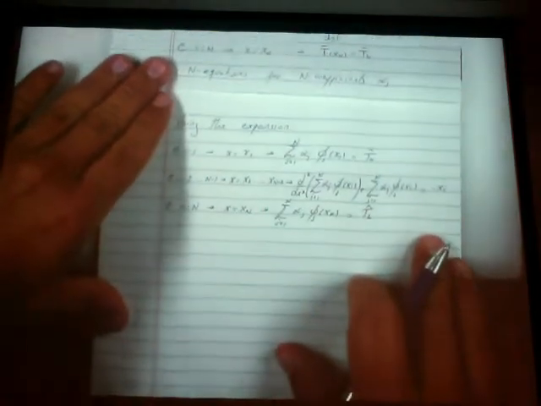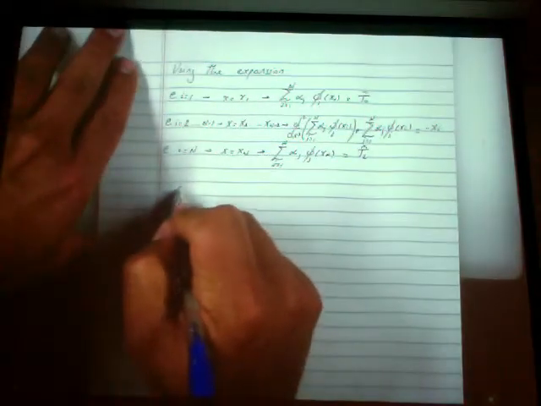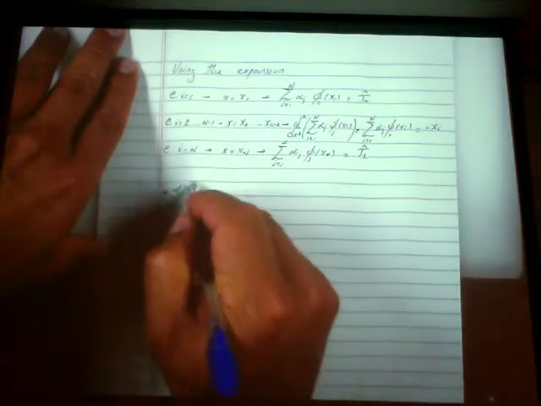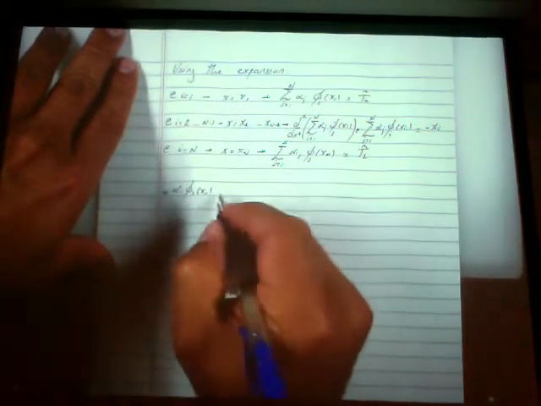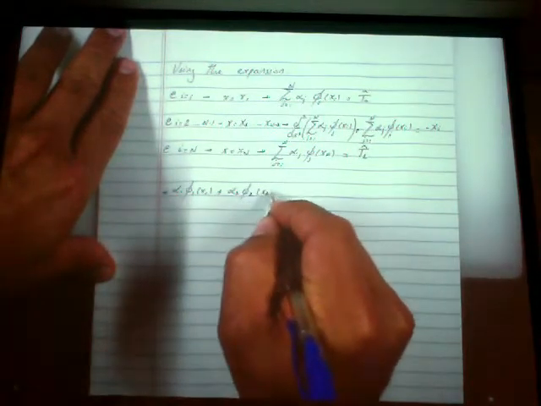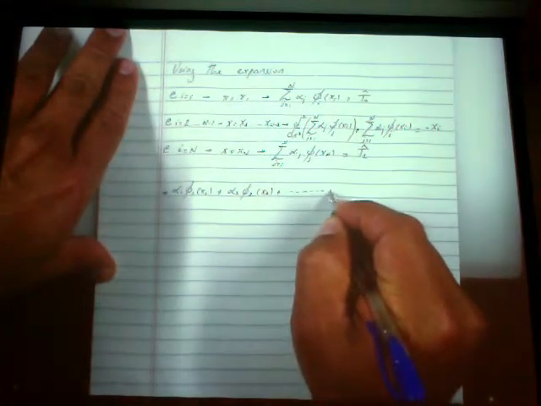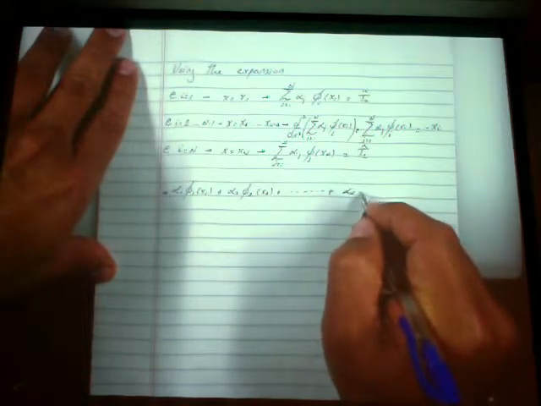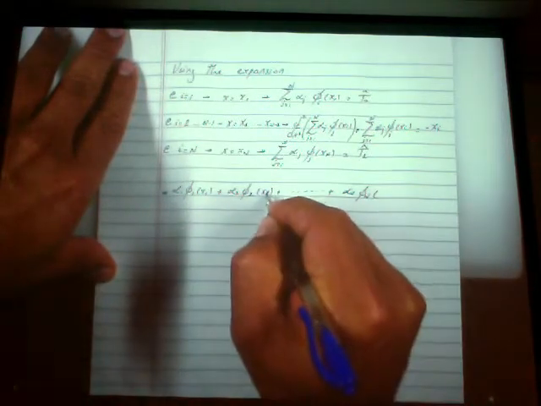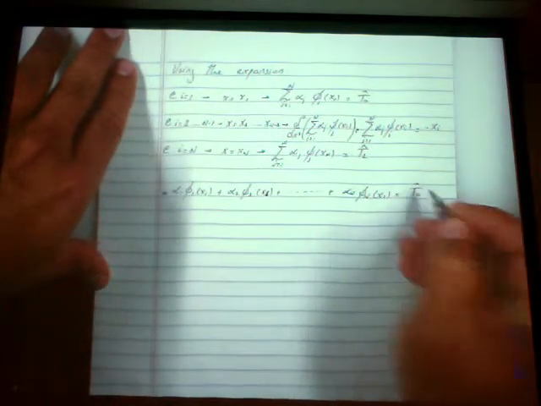So basically what will happen is that the first equation will look like alpha 1 phi 1 evaluated at x1 plus alpha 2 phi 2 evaluated at x1, plus alpha n phi n evaluated at x1. The entire first equation is evaluated at x1.